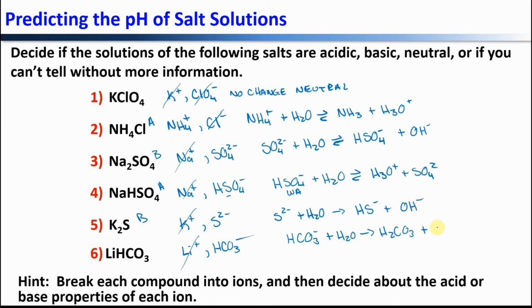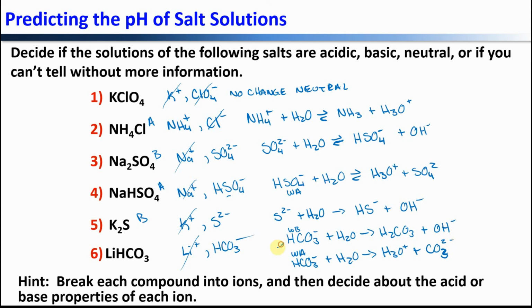I've taken a hydrogen away, so this is going to make a basic solution. So this is acting as my weak base. Or I can have it acting as a weak acid, HCO3 minus, where it's going to donate a proton to the water to make H3O plus and my carbonate ion, CO3 2 minus.